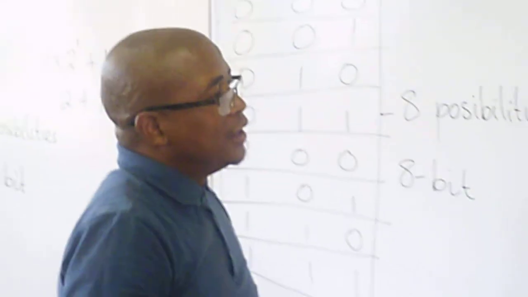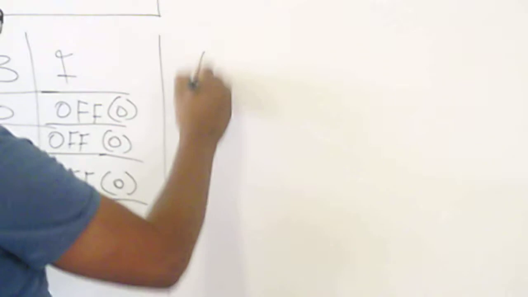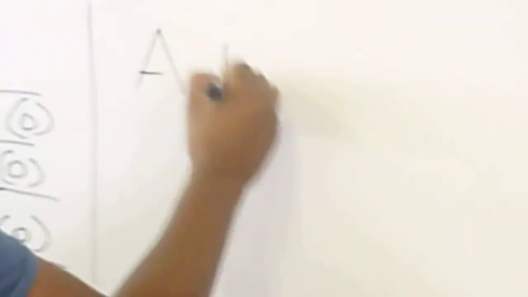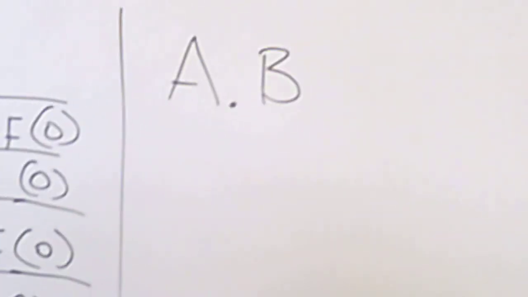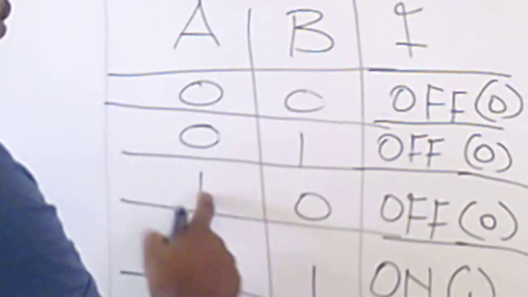Only when all switches are closed, I will get an on, which is a 1. And that is how an AND gate operates. You can say that an AND gate is actually A by B. It's a multiplication of switches. If you multiply 0 by 0, you get 0, 0, 0, and a 1.